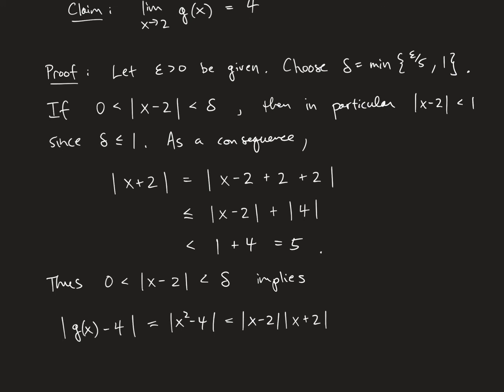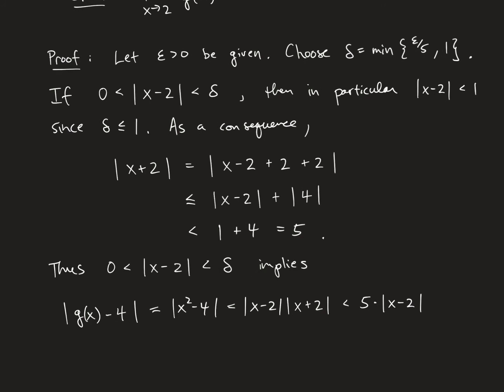Now we have the x plus 2 inequality at our disposal, so we don't have to interrupt this computation. So this is less than 5 times the absolute value of x minus 2. We know the absolute value of x minus 2 is less than delta, so this is less than 5 times delta. And delta is less than or equal to epsilon over 5 by our choice. So this is less than or equal to 5 times epsilon over 5, and that is equal to epsilon indeed. So that completes the proof.